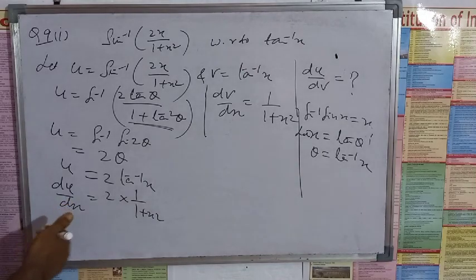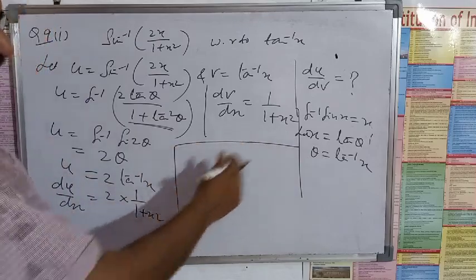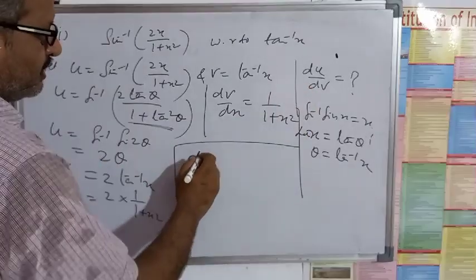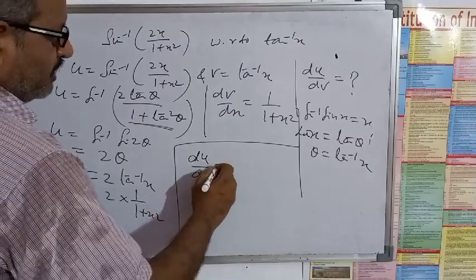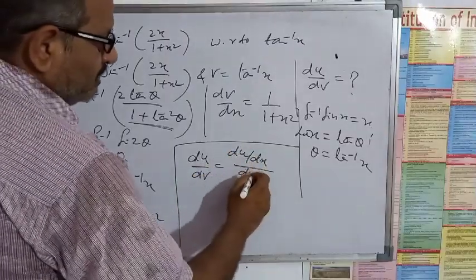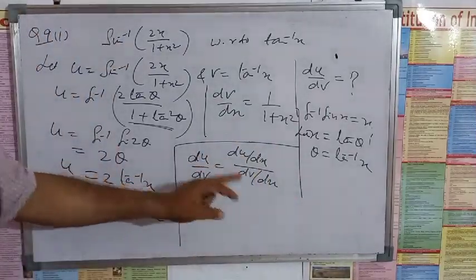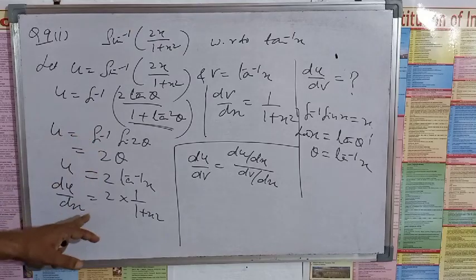So we have found du by dx and dv by dx. But we have to find du by dv. So we will write du by dx divided by dv by dx. What is du by dx?